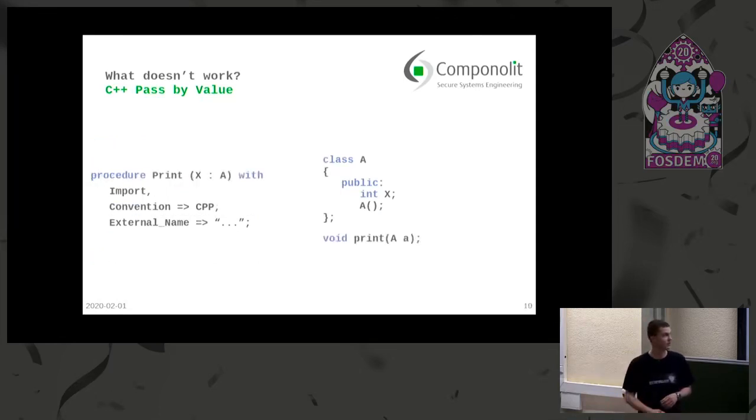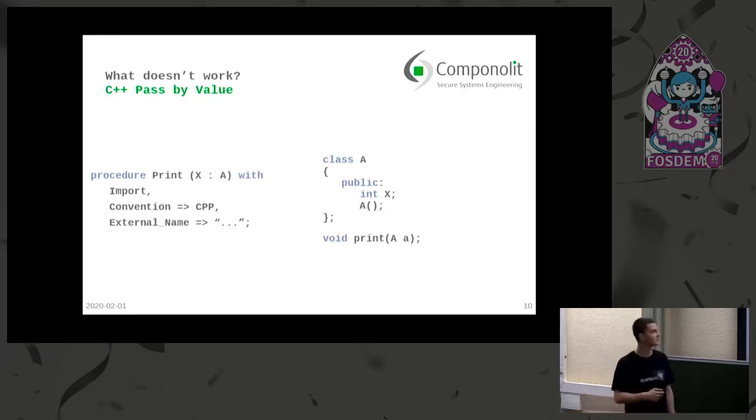Well, now we add a procedure print A. As we can see here, this takes A without any pointer or reference addition, so it's just passed by value. We just imported it, and we say it's an int parameter, so it's potentially passed by value. But the problem is, does anyone see the problem here? It's limited, so it's passed by address. Exactly.